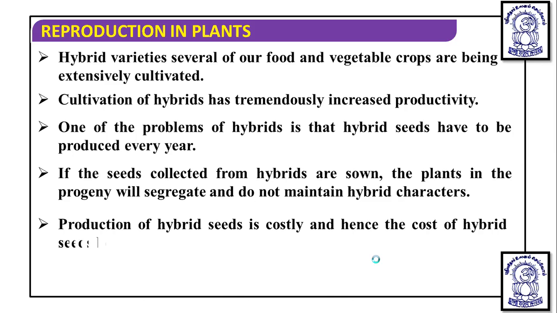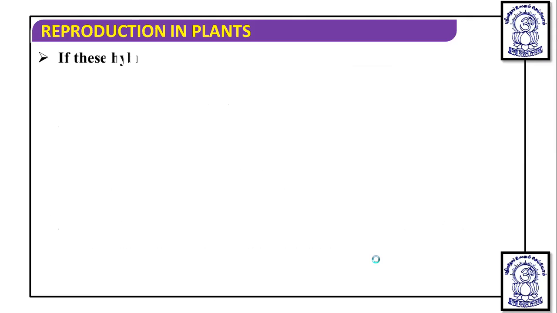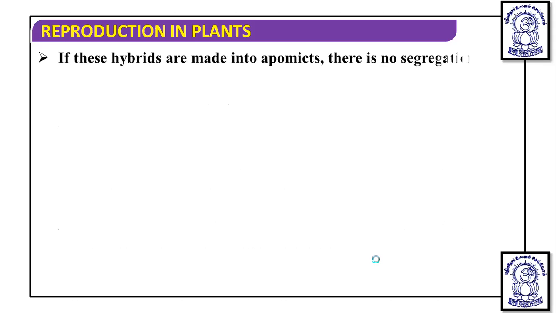And the production of hybrid seeds is costly, hence the cost of hybrid seeds becomes too expensive for the farmer. So how the hybrid seeds will be beneficial or disadvantageous can be seen from these particular points. If these hybrids are made into apomictic, there is no segregation of character in the hybrid progeny.